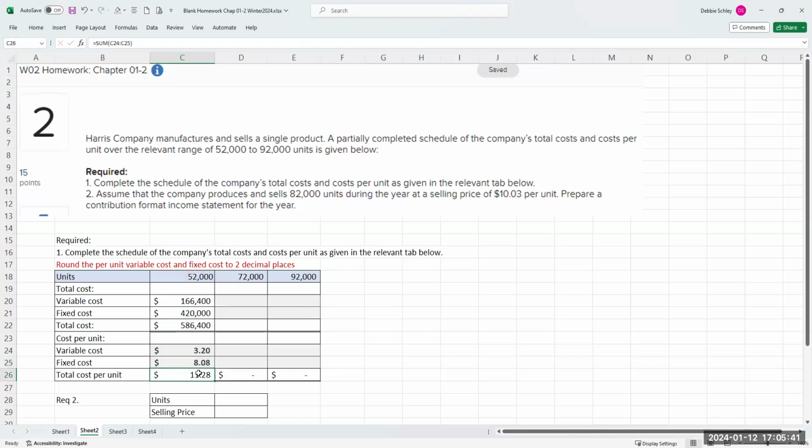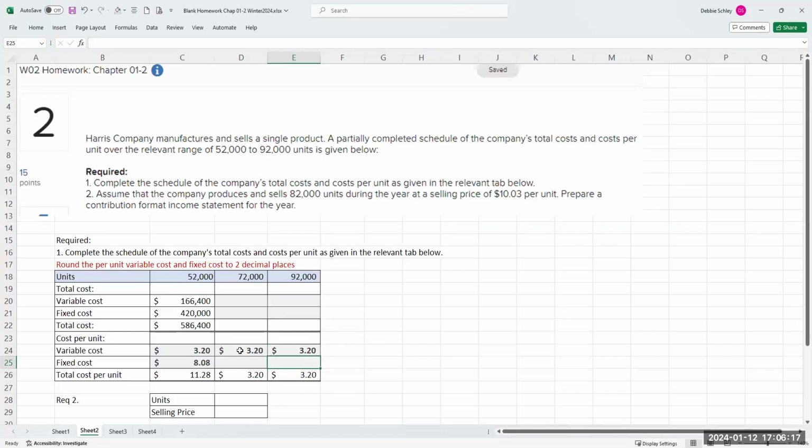Okay. And then it added those up for me. So the first thing I can do is, because I know variable cost per unit remains the same no matter how many units I produce and sell, this is going to equal the same thing across.